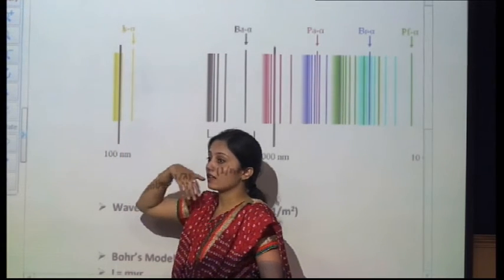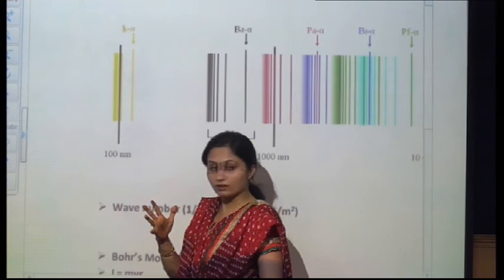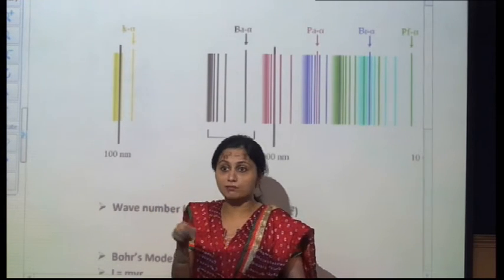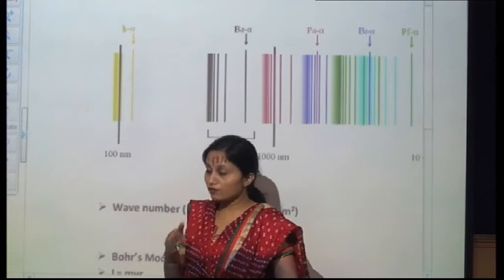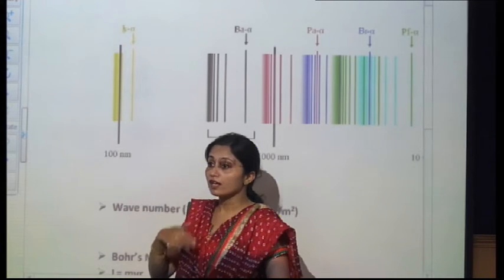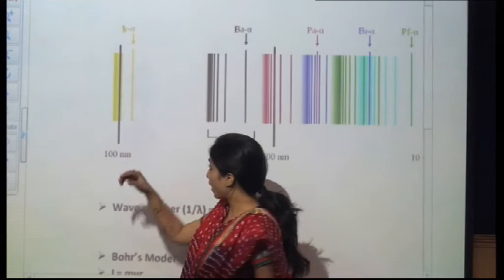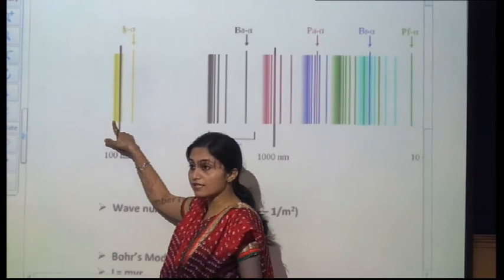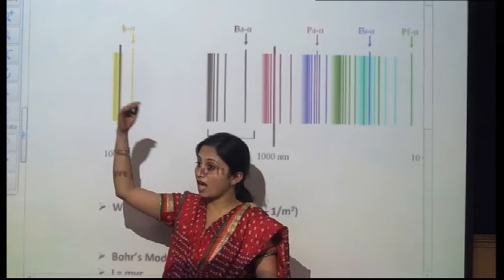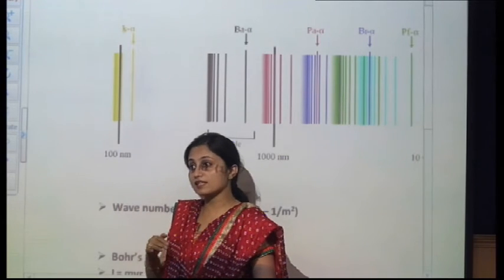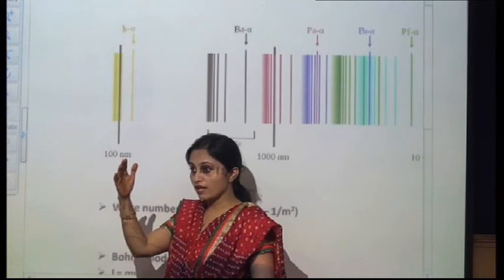E is equal to hc by lambda. They are inversely proportional. If the wavelength is small, then the energy will be large. That means the transition is happening from a higher level to a lower level such that the energy gap is more and the wavelength is small.